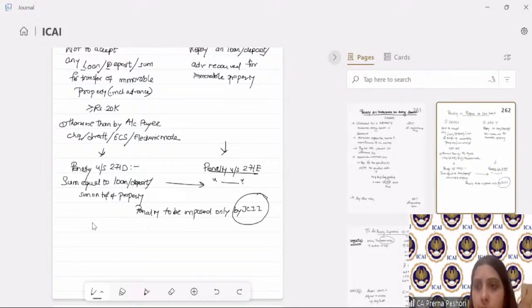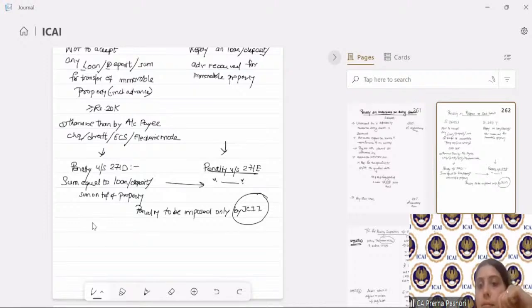So once he has said that this particular amount is undisclosed income, how can he again treat it as loan under 269SS? Because once he himself said that this is undisclosed income, it ceases to be the character of the loan. And therefore, one of the fundamental principles for levying penalty under 271D is that there should have been a loan, which is not the case here. So this penalty is invalid on all these grounds.